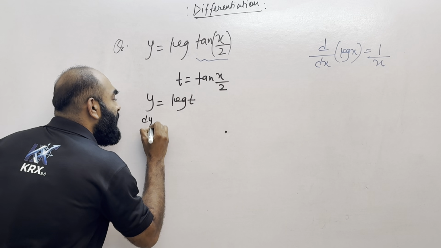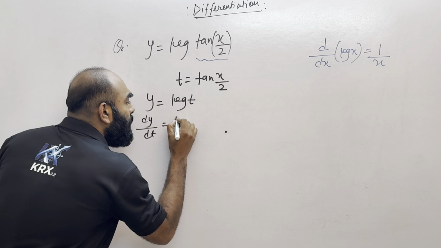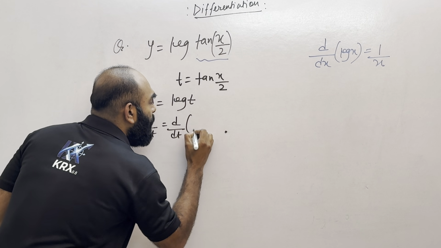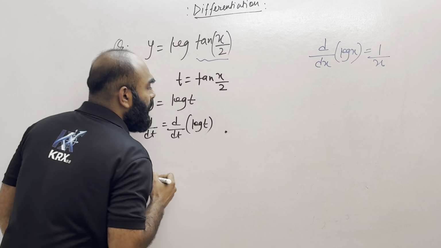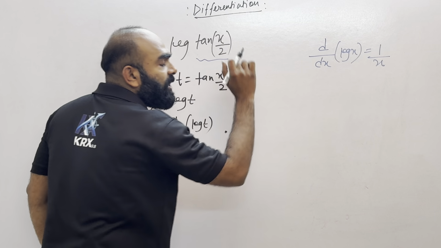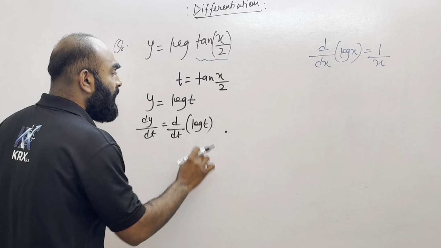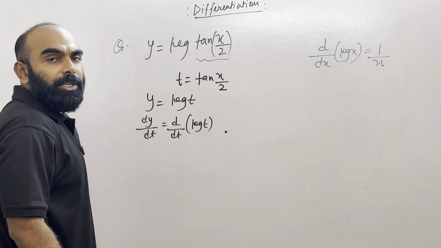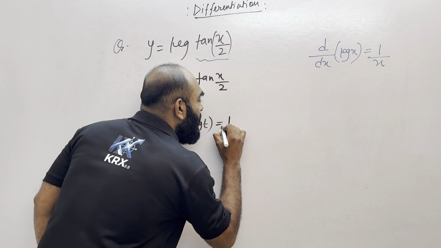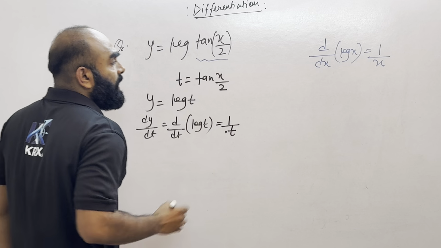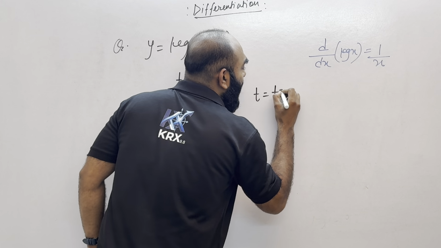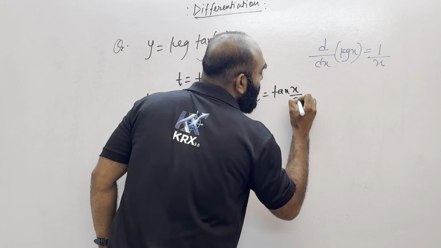So dy by dt is equal to d by dt of log t. Log x differentiation with respect to dx is 1 by x. Log t differentiation with respect to dt is 1 by t. What is your t? t is equal to tan of x by 2.